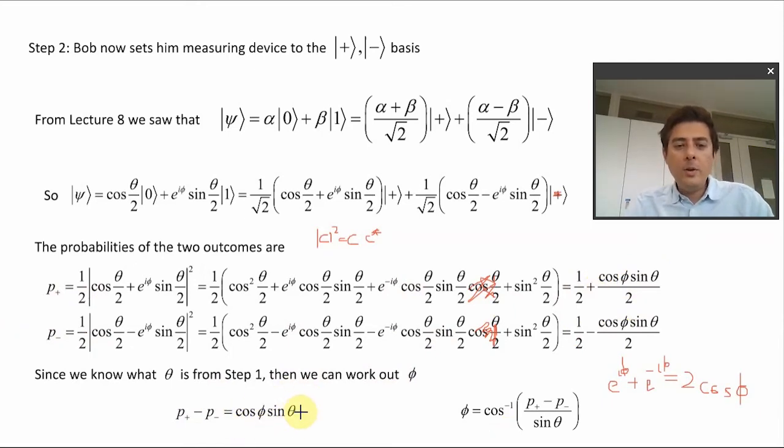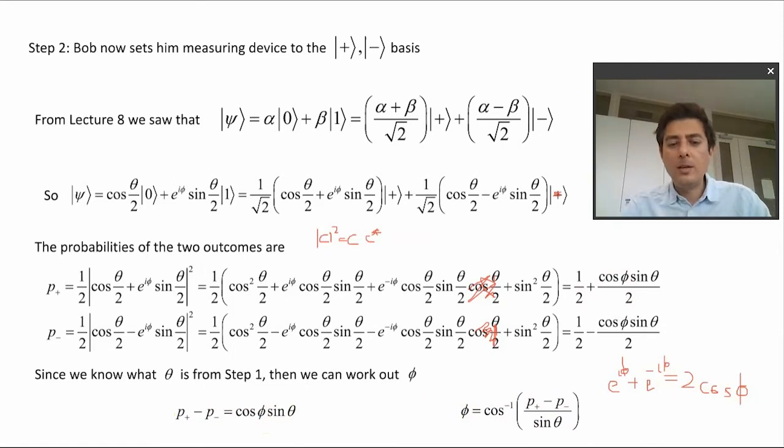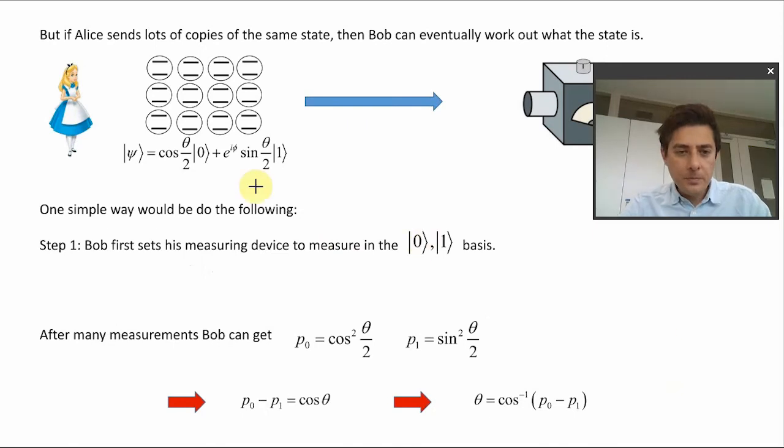And we already know what theta is from step 1, right? We've already worked that out. So we can just rearrange this for phi. Put that in the denominator, take the inverse cos, then we can work out what phi is. So that tells us how you can work out what Alice's state is, because these two parameters completely determine what this state is.